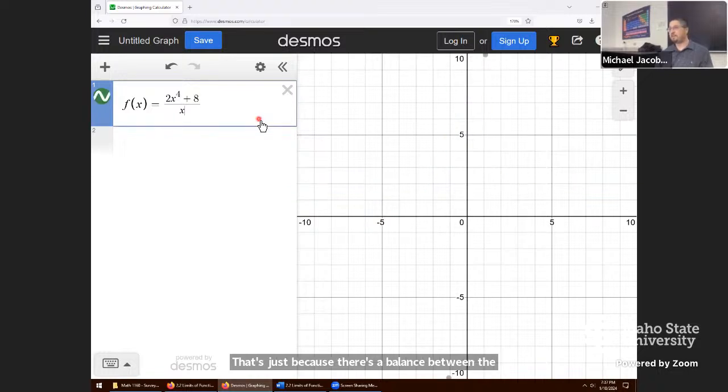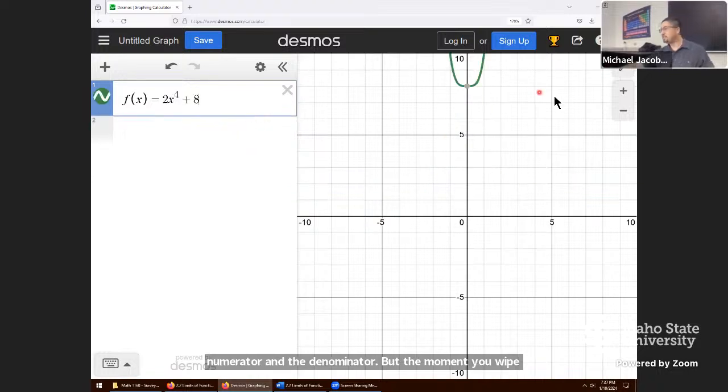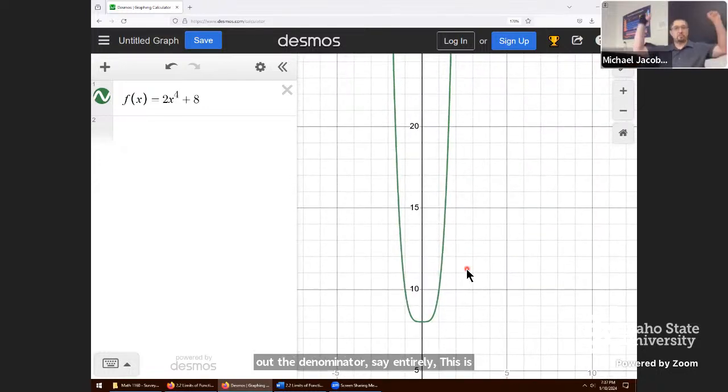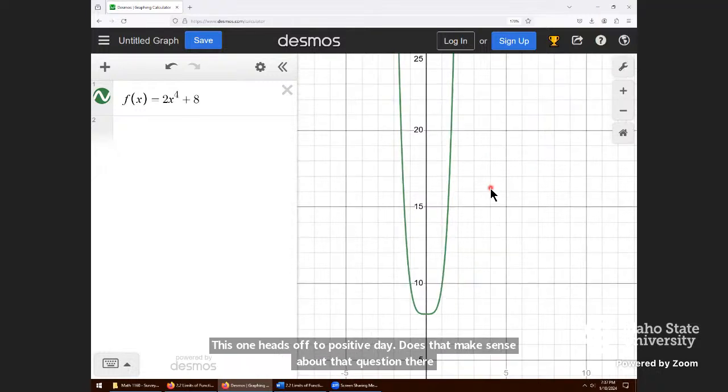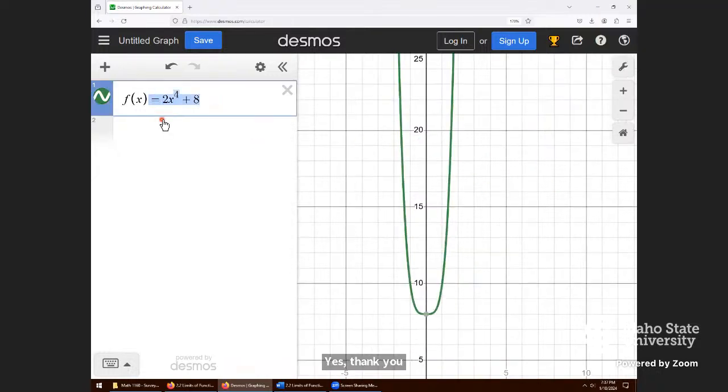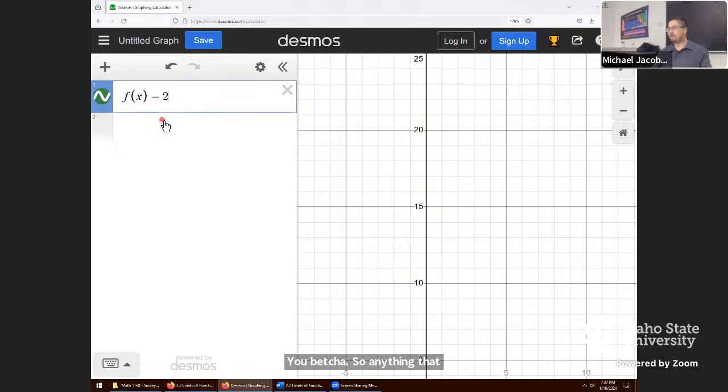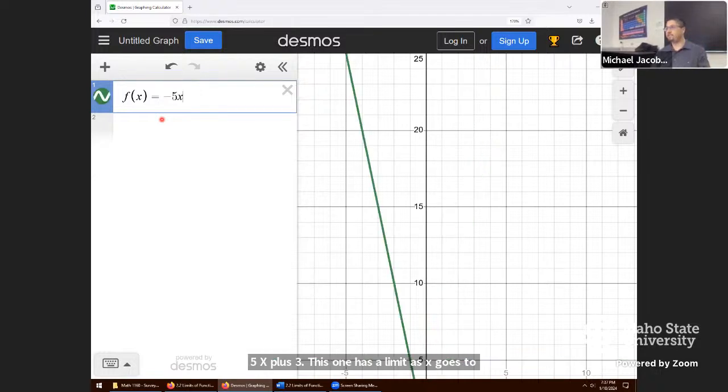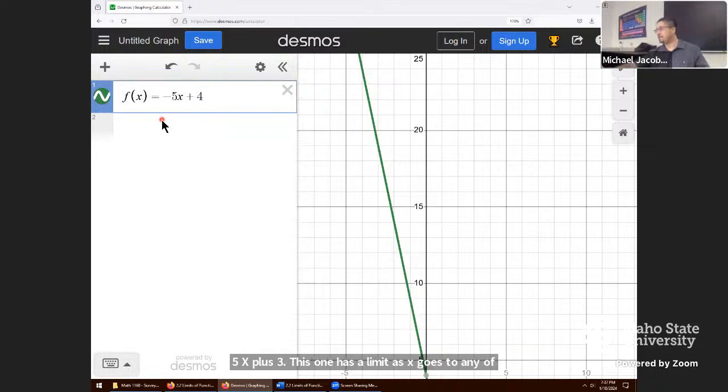But the moment you wipe out the denominator entirely, this is what our function looks like now. It's just going to grow without bound in both directions. This one heads off to positive infinity. Does that make sense about that question there? Yes, thank you. So anything that looks, say, like 5x plus 3, this one has a limit as x goes to infinity of infinity. If it was negative 5x plus 3, now as x goes to infinity, this one's dropping down towards negative infinity.